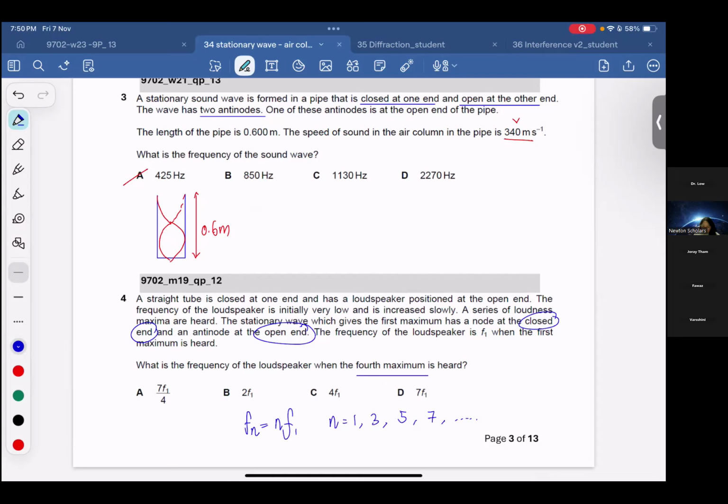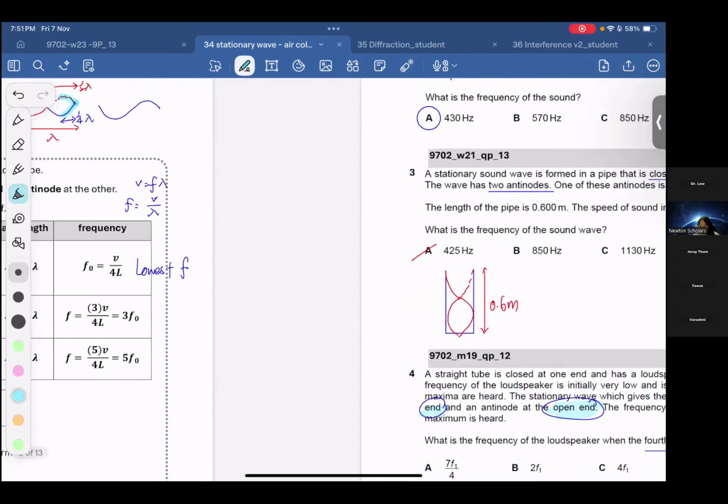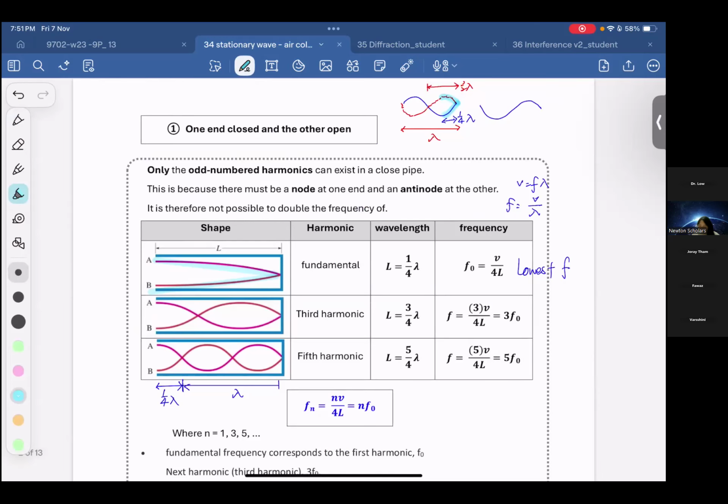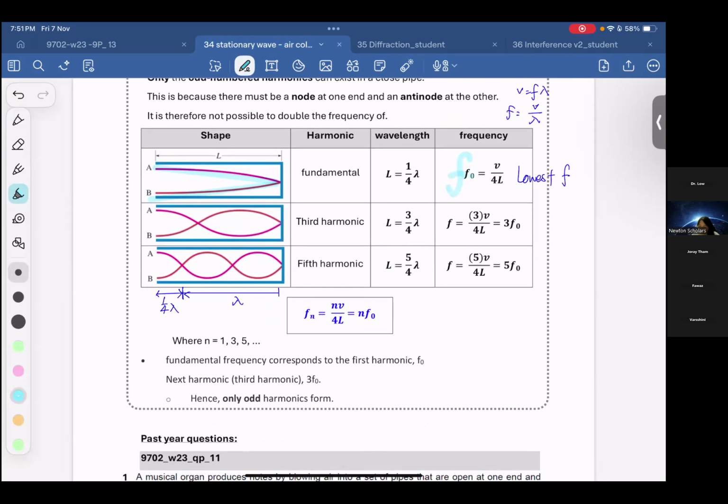So, dear, first, how do you identify? One open, one close. So it's our case. The frequency F0, or they say F1, doesn't matter. Because this is F1, the next frequencies you can get are 3F0, then 5F0, continuing 7F0. Only odd numbers for one closed, one open end.